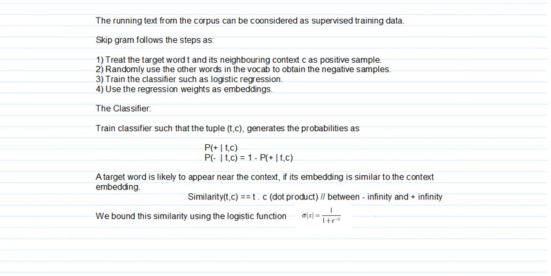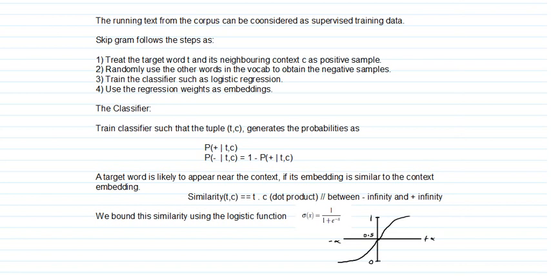This is the logistic function which is used in logistic regression. So this classifier is working in the same way as logistic regression. These are the values of x, minus infinity to plus infinity, and this is 1, this is 0, and this is 0.5.